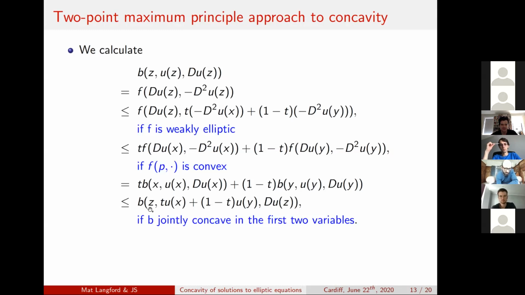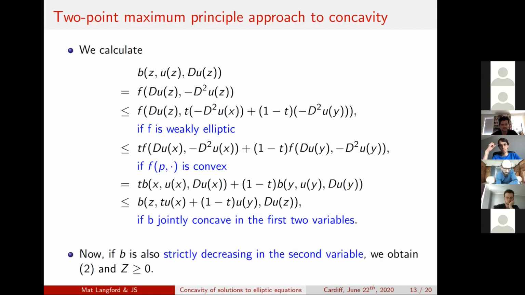These variables are the same. Only the middle variable is different. And we get that b of u at the midpoint is less or equal to b of the convex combination of the values of u. So if we now assume that b is strictly decreasing, this is only possible if we have the appropriate inequality between u of z and the convex combination here. So that's the idea, right?